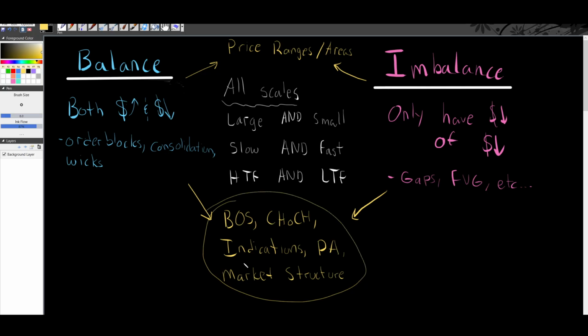But people don't know what happened in this area that led to an imbalance being created, and what happened in this area of imbalance that led to a future area of balance. All of the analysis that we've been doing about market structure and the areas we mark out are just the areas where these two meet, kind of like where the ocean meets the sand.